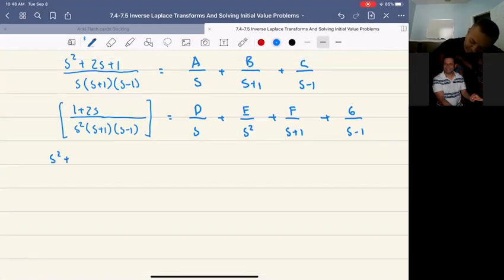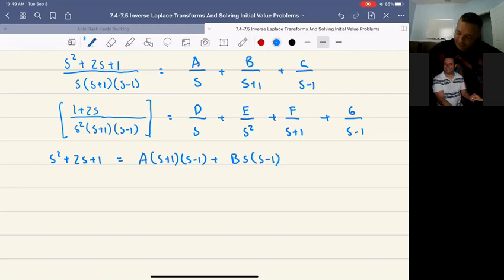So we're going to have s squared plus 2s plus 1 equals a times (s plus 1)(s minus 1) plus b(s minus 1) plus c(s plus 1).